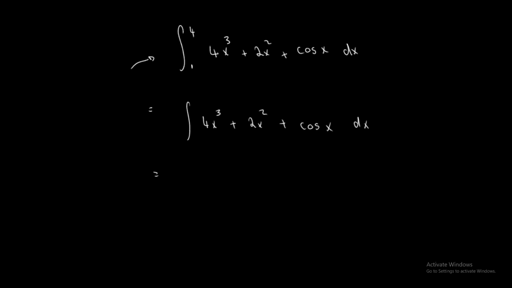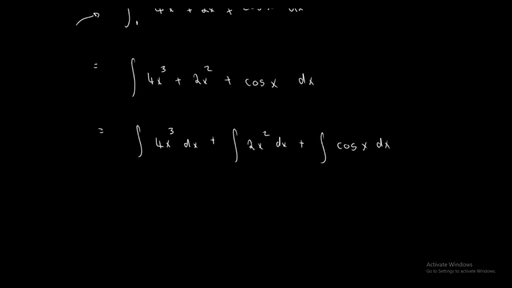I can break this up into 3 separate integrals: the integral of 4x cubed dx plus the integral of 2x squared dx plus the integral of cosine x dx. It just really depends on who your educator is, right? Like, let's say your teacher is a rigorous math teacher, like in-depth, sort of like a mathematical king.